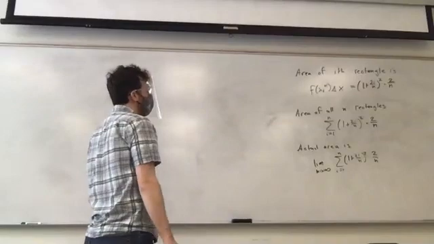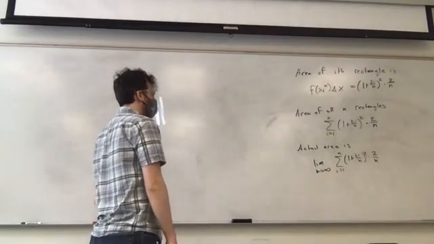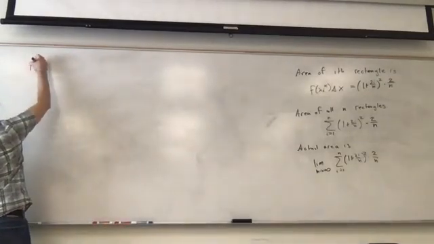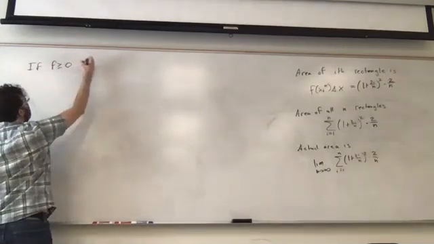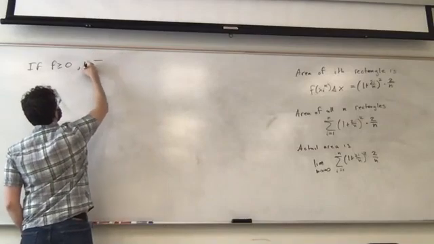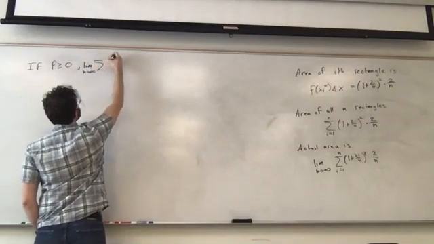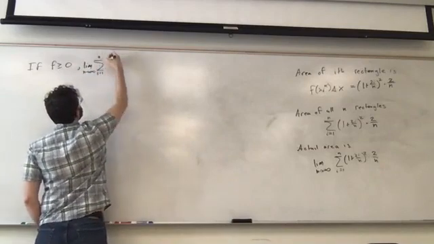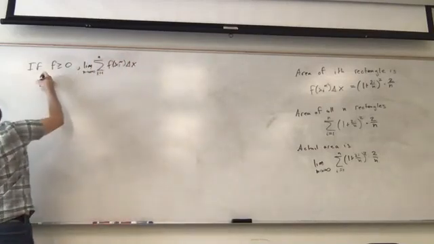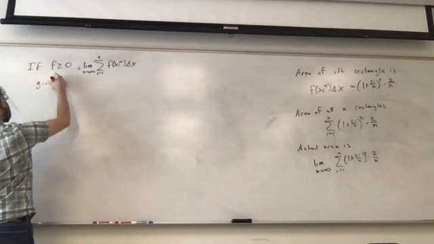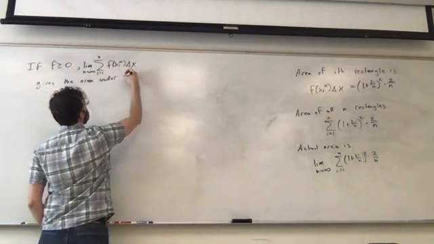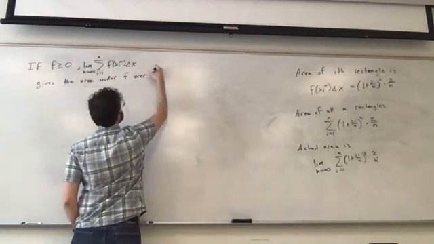So here's how we'll start talking about this in a more streamlined way. What we know so far is that if we have some function f greater than or equal to 0, then this limit, the limit as n goes to infinity of the sum from 1 to n of f of x_i star delta x, gives the area under the function over [a, b].